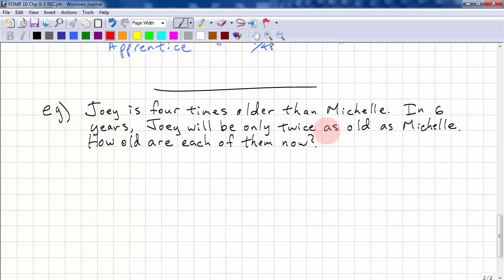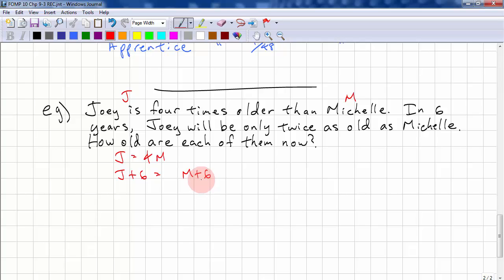Joey is 4 times older than Michelle. In 6 years, Joey will be only twice as old as Michelle. How old are each of them now? So, logical variables, J and M. So J is 4M. And in 6 years, so we're talking about J plus 6, and we're talking about M plus 6, because that's their age in 6 years.